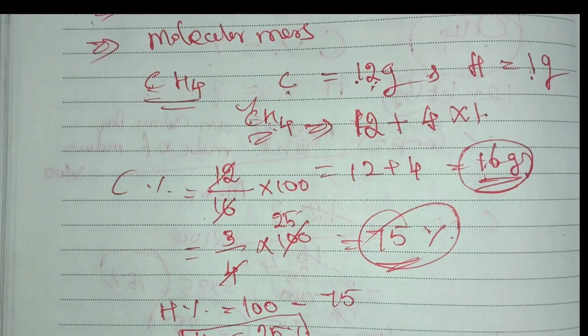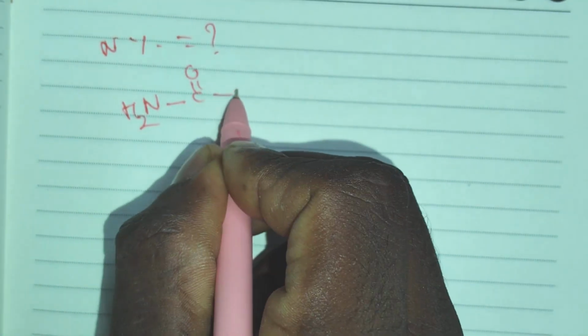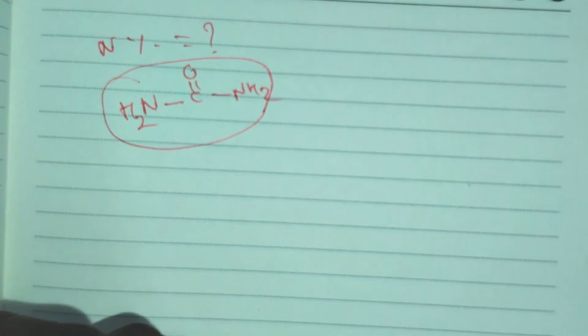Okay, for example, let us find the nitrogen percentage in the compound urea, NH2 C double bond O NH2. So for nitrogen percentage, here we take 1 mole of urea.